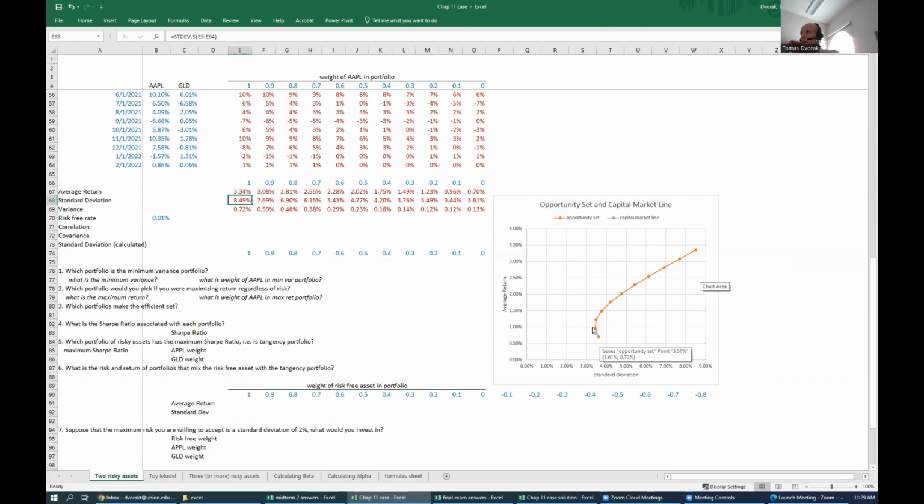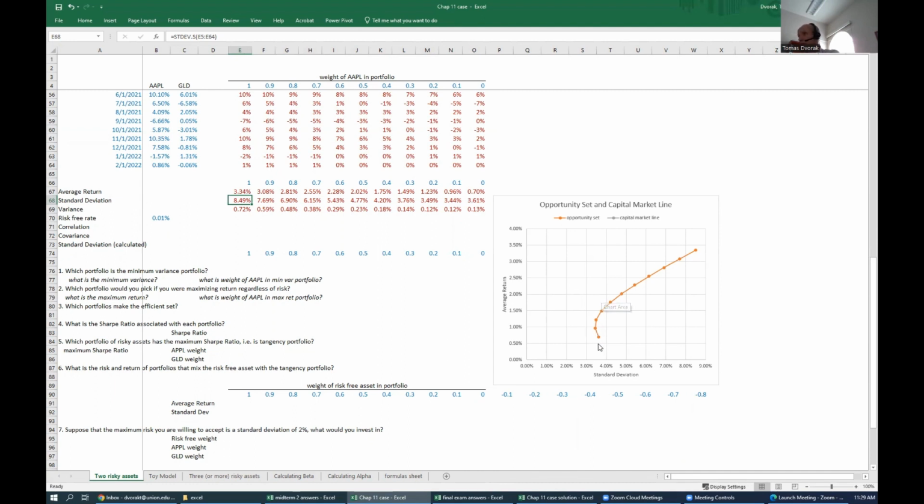That looks like 0.1 Apple and 0.9 Gold, and we get this particular return. Now let's see. No, actually, that's not it. So the minimum risk is 0.1 Apple, 0.9 Gold.